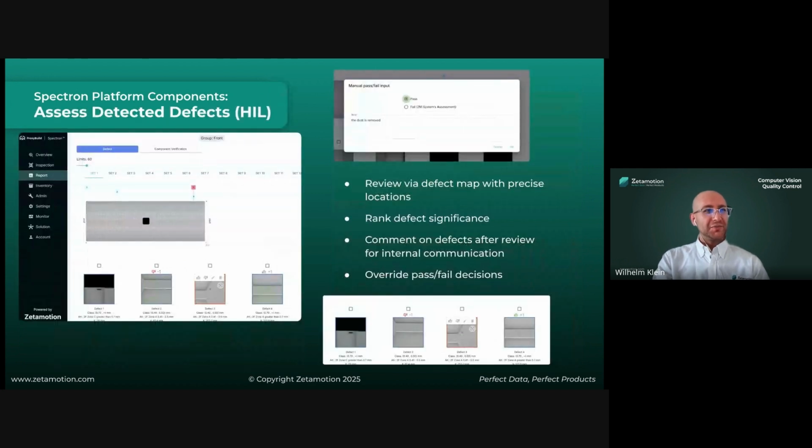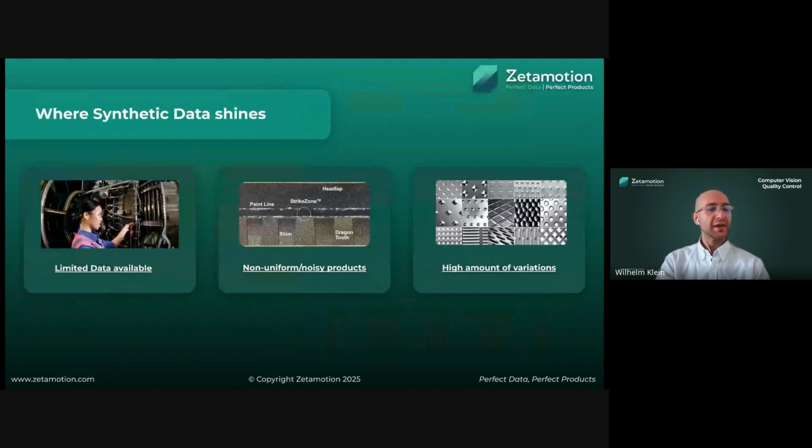Right. Yeah, there's some more impressions of what it looks like, including defect mapping, the ability to look deeply into every single defect that has been collected, potentially also override, offer additional input, and so on. Now, lastly, before I open the floor to questions, where does our approach apply in particular?